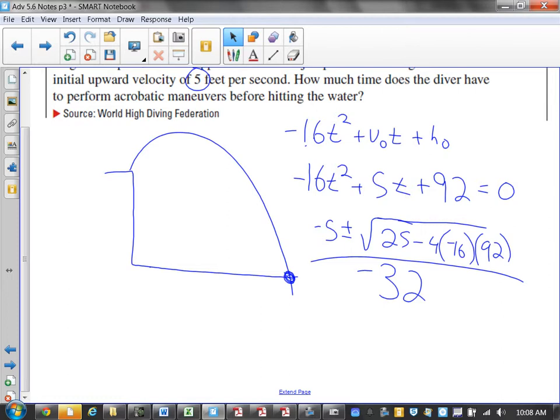Now I kind of choked that together a little bit. When I set this up, I'm going to get 25 plus 4 times 16 times 92. The reason I'm saying that it's plus is because it's minus 4 times negative 16. Everybody okay with that?